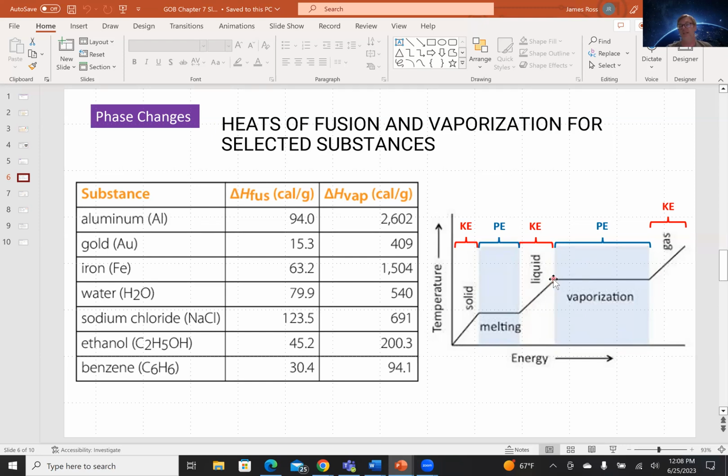Once we reach the leftmost part of the vaporization horizontal line, this is the boiling point. Again, we're going to start changing phase. We're now going to have a mixture of liquid and gaseous phases simultaneously. During this phase transition, we can't increase the kinetic energy, so we can't change the temperature. We instead just break intermolecular forces between adjacent molecules.